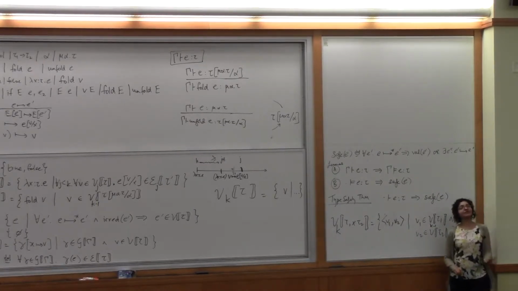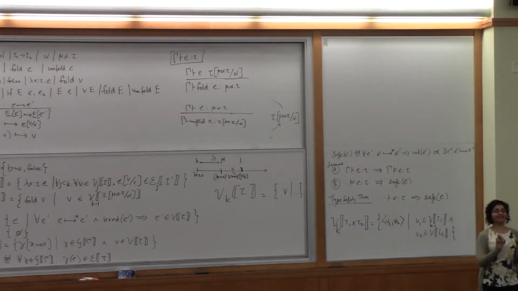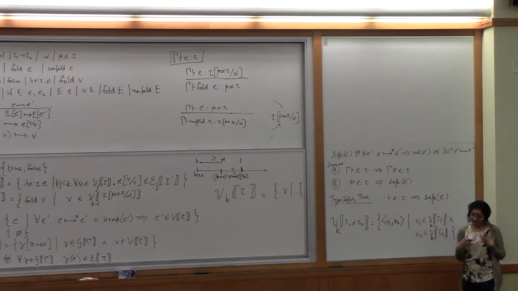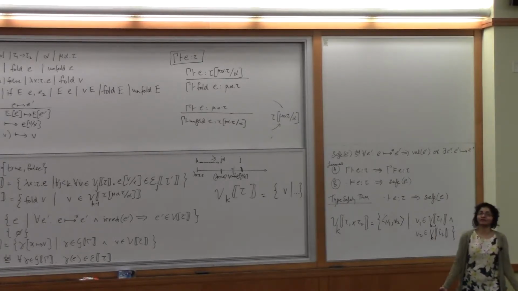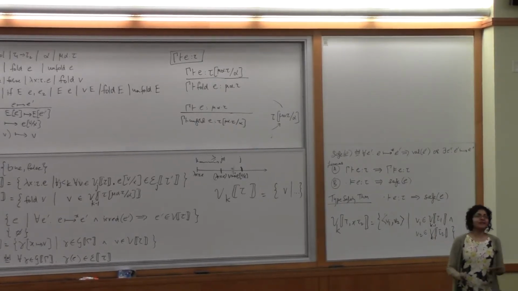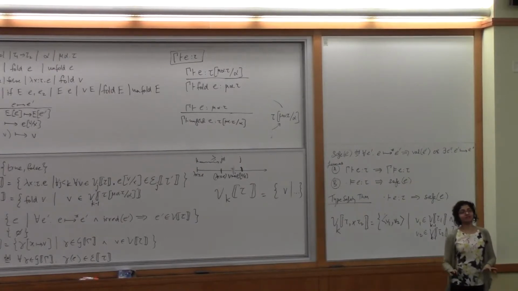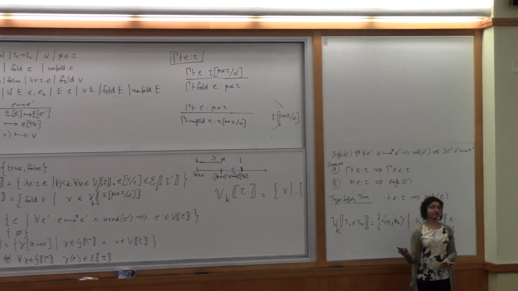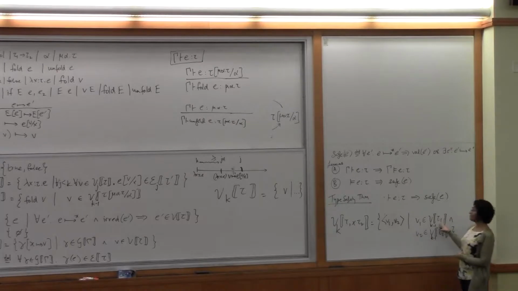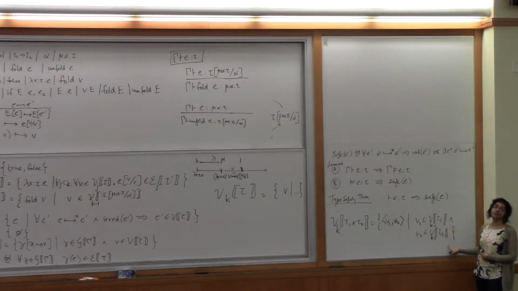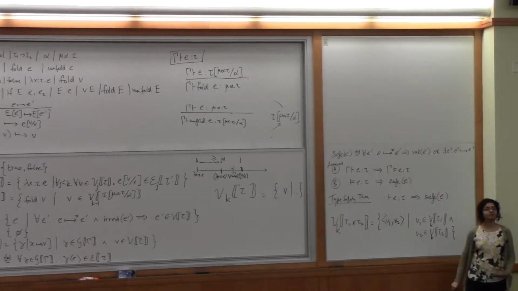If you're really being strict about your operational steps and counting them super carefully, you would put a k minus 1 in both of these positions because you can't get to those values without applying a first or a second. But we're using these step indices to make this logical relation well-founded. And in this case, since your type is already getting smaller, you don't need to reduce the step index. So just do the easy thing and leave it at k.